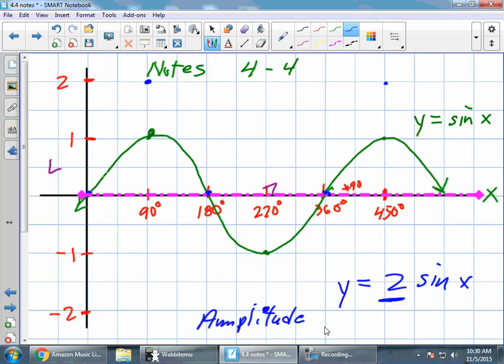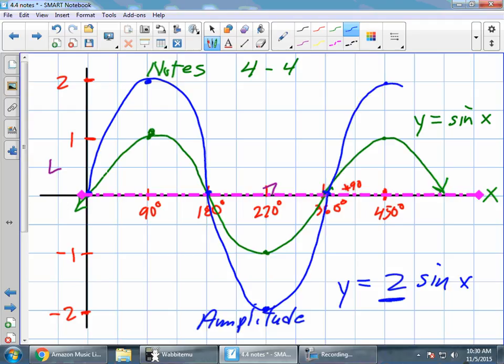So if we put a 2 coefficient in front of sine x, it's going to go like this. It's going to go down, it's going to go up, etc. And we'll continue. So that's a simple transformation, simply expanding it to be twice as high or twice as low.